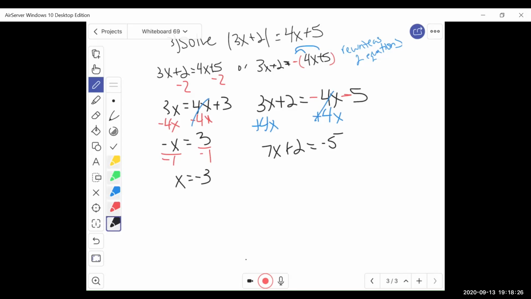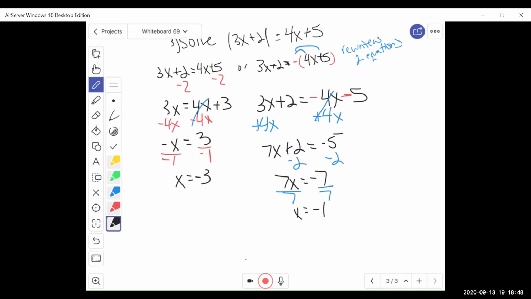And to isolate the x, we can subtract 2 from both sides. Negative 5 minus 2 is negative 7. And 7 times x, inverse operation is to divide by 7. So x equals a negative 1.